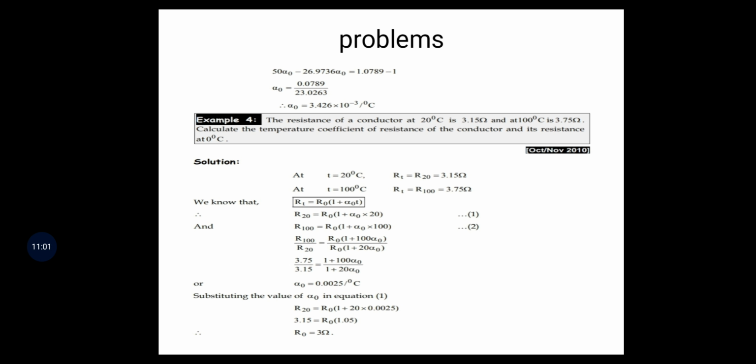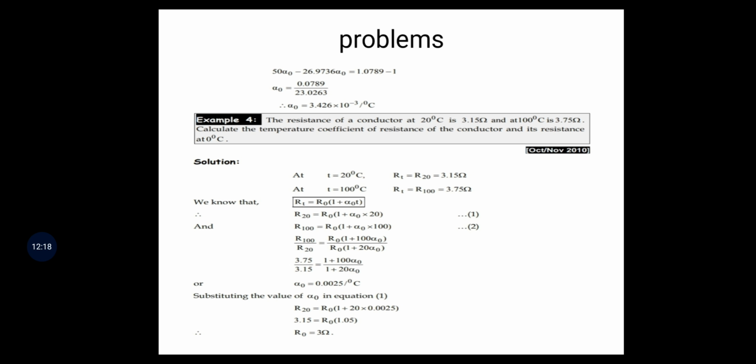The basic formula is RT equals R0 into 1 plus alpha naught into T. So R20 equals R0 into 1 plus alpha naught into 20, and R100 equals R0 into 1 plus alpha naught into 100.